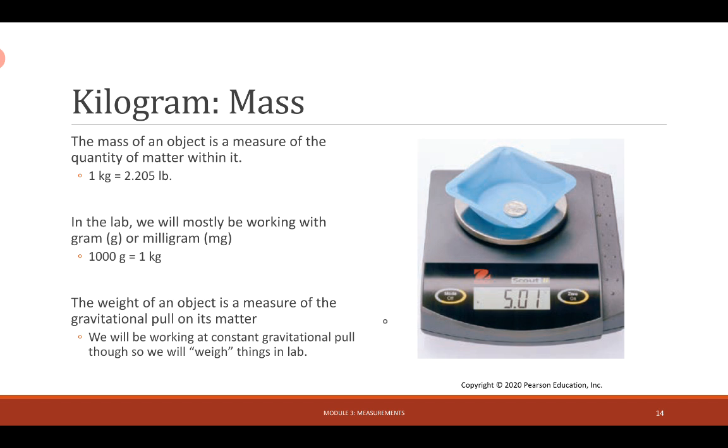The mass of an object is how much matter is contained within it. We'll primarily be working with grams or milligrams in lab rather than kilograms, but whatever. This is a picture of a nickel on a balance, and a nickel weighs 5 grams.